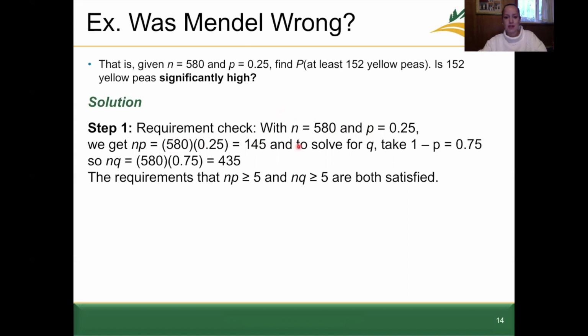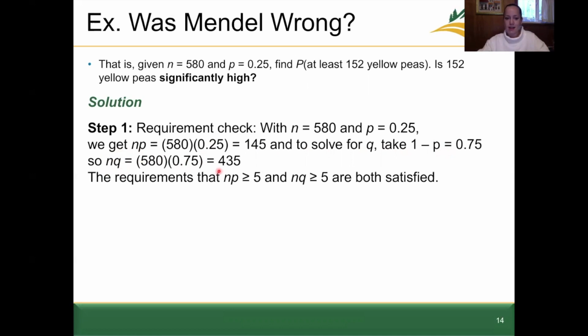Then remembering that p and q are always complements, to solve for q, take 1 minus p, so 1 minus 0.25, that's 0.75. Then that other requirement check is n times q. So we take 580 as our n value, multiplied by 0.75 as our q value, we get a value of 435.